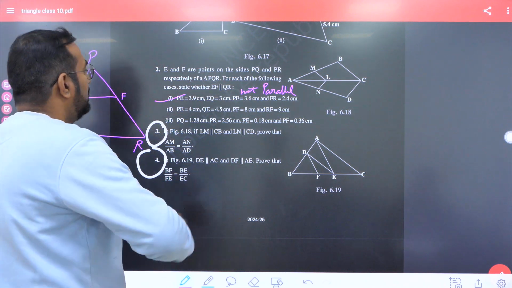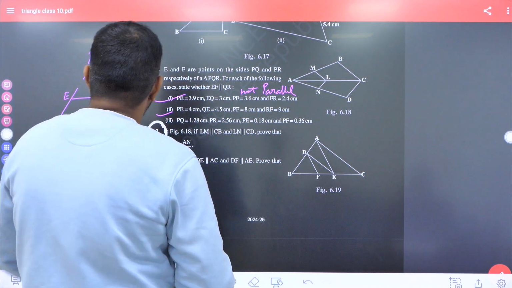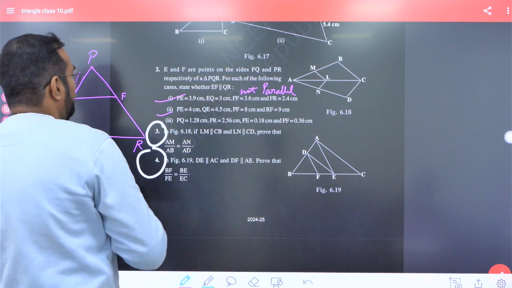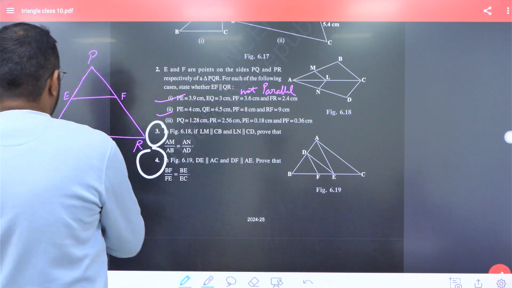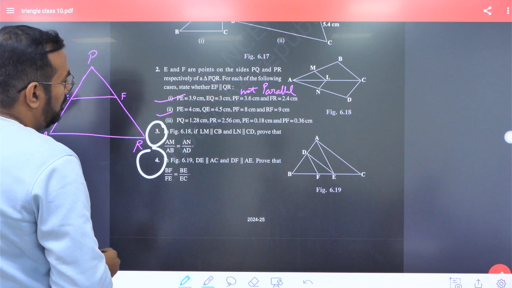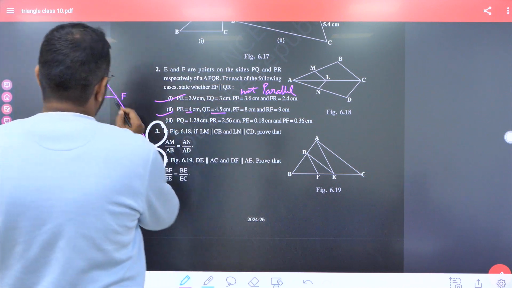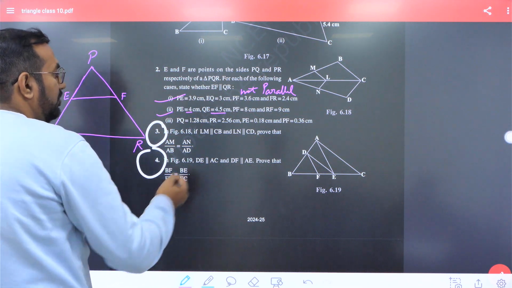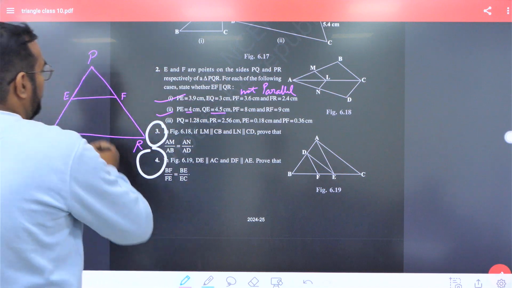So let's move to the second question, that is PE 4 centimeter, QE is 4.5 centimeter and PF 8 and RF 9. So you can see all the measurements are given.